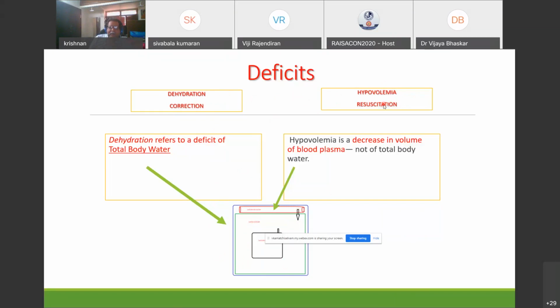That is why we always resuscitate, urgently, to fill the vascular compartment. Once you resuscitate, then you can slowly start correcting the intracellular or interstitial dehydration based on the sodium levels.